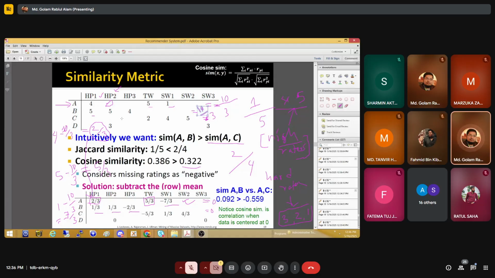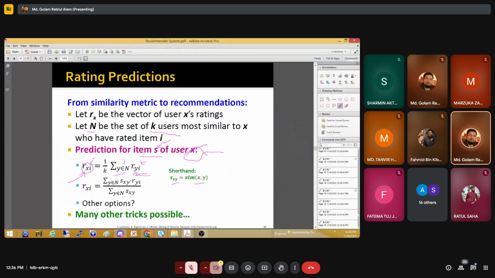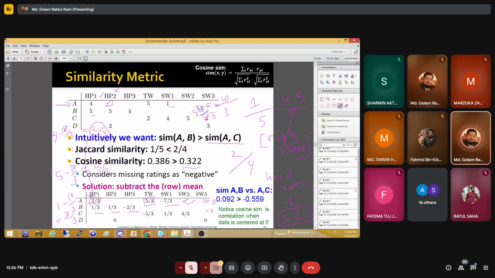For that, the easiest method is this one. We have to find out the similar-minded people. In this case, maybe we will get B, or maybe B and D, as the similar-minded people. Then we have to sum up the ratings of those similar-minded people, B and D. If we consider B and D are similar-minded, then the rating of B is 5 and the rating of D is 3 on Harry Potter 2.